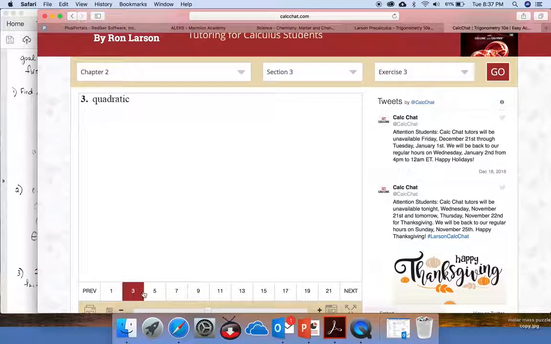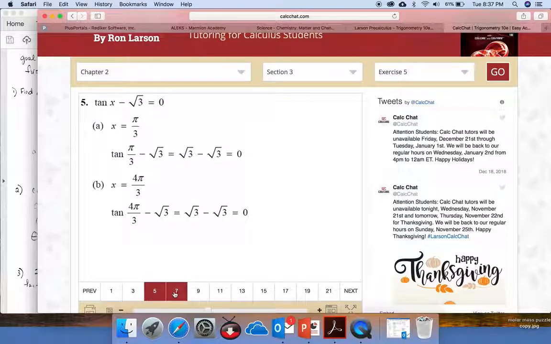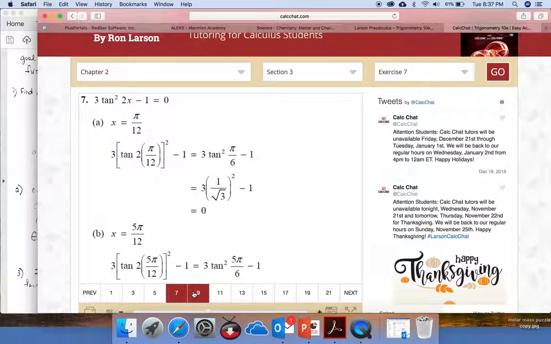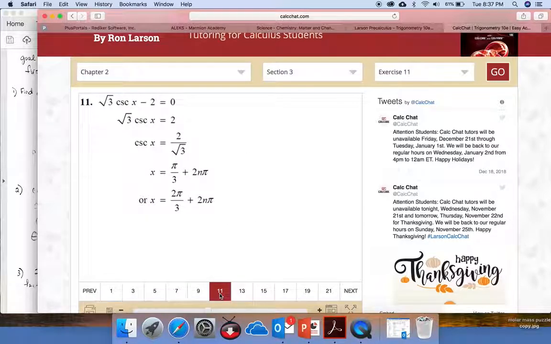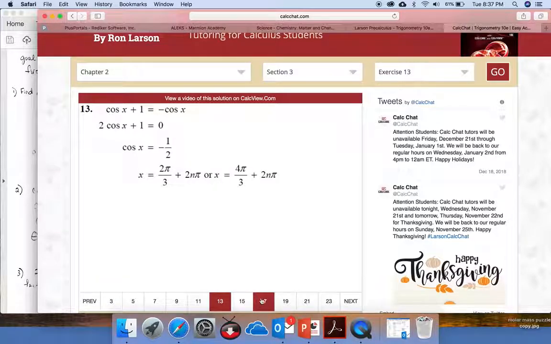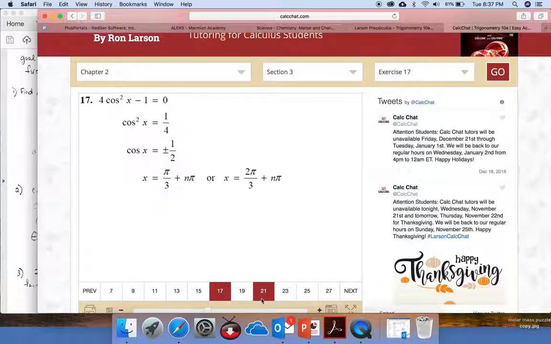And you can start scrolling through the questions. 5, 7. It gives a lot of examples. You don't have to do every one, but do a few from each section. Scroll through them. If it looks like something you know how to do that's easy, that's fine.